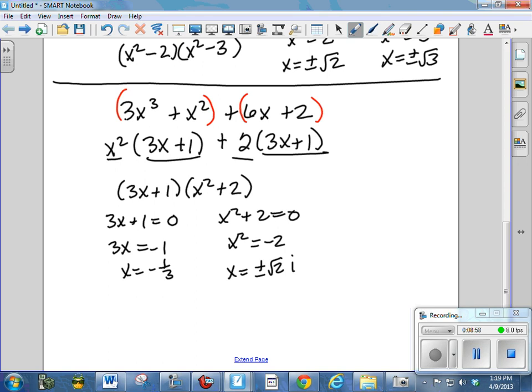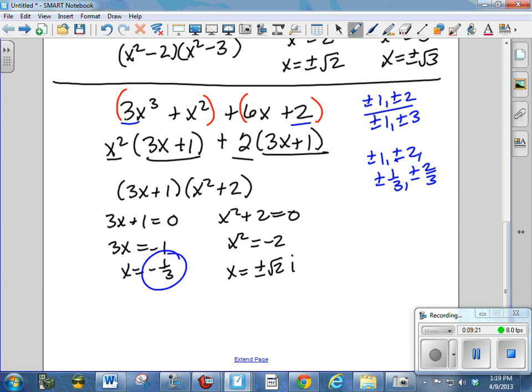Notice if we looked at our rational, this is just a little plug for the rational root theorem. Remember, it'd be plus or minus 1, plus or minus 2 over plus or minus 1, plus or minus 3. So the possible rational roots would be plus or minus 1, plus or minus 2, plus or minus 1/3, and plus or minus 2/3. And the number that we got for our root was -1/3. So that turns out to be a rational root.